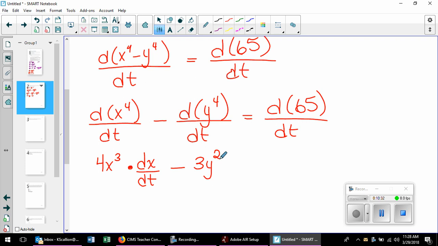What's another way of writing y prime? Yep, dy over dt. I'll put this in for right now. And then what is the differential of 65? 0. Yep.